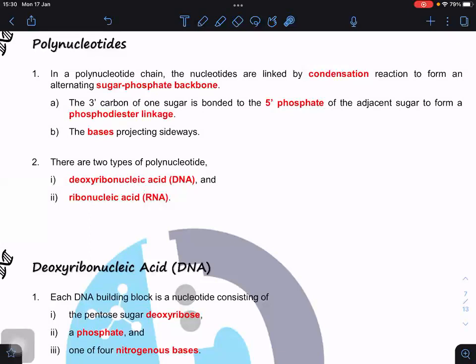Don't worry about this part, because when we come to DNA, I will draw out the structure and show you what phosphodiester bond means. We have two types of polynucleotides to learn, DNA and RNA. The first thing we're going to learn today will be DNA.